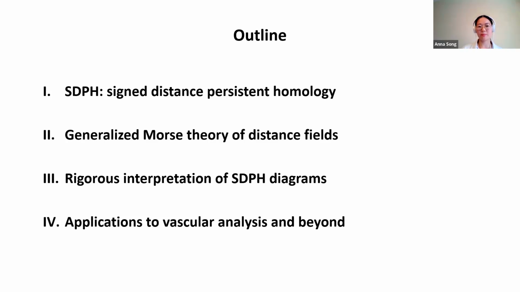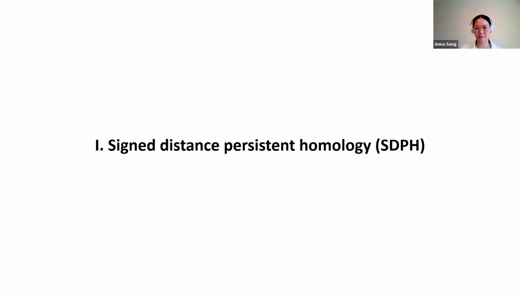Then coming back to SDPH, we'll be able to give a rigorous interpretation of the outputs of SDPH, which are the diagrams. And finally, I'll move on to explaining how we can use it for real-life applications, especially vascular analysis.